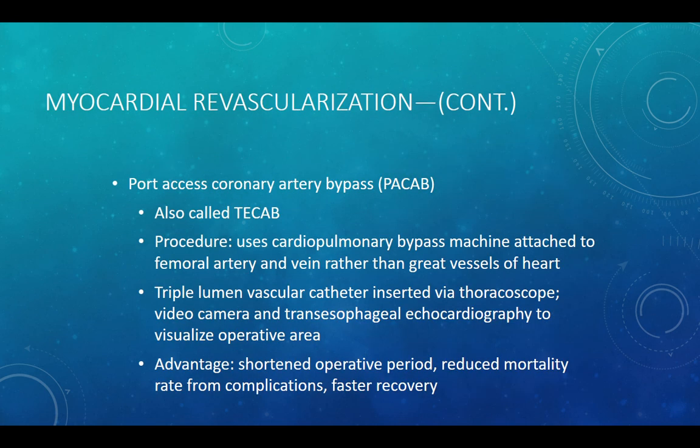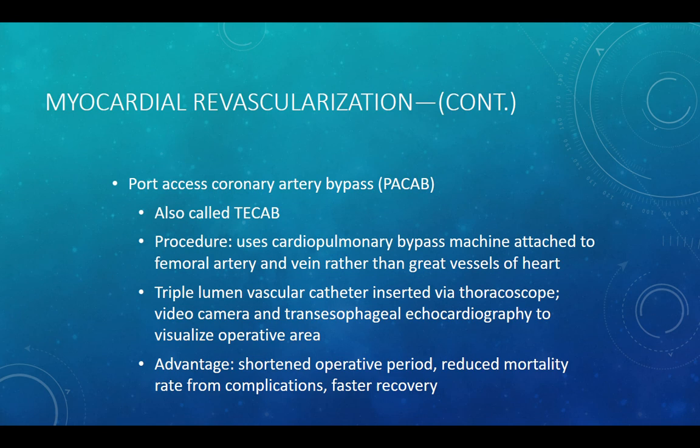Port access coronary artery bypass, PACAB. It's called a TCAB. Procedure uses a cardiopulmonary bypass machine attached to the femoral artery and vein rather than the great vessels of the heart. So it gives them a little bit more access at the upper chest.